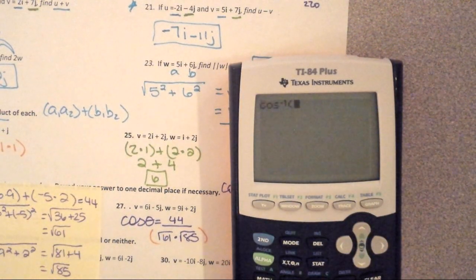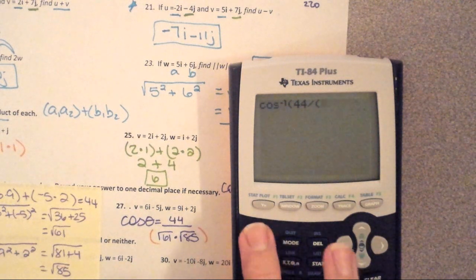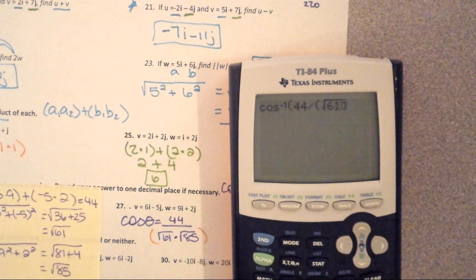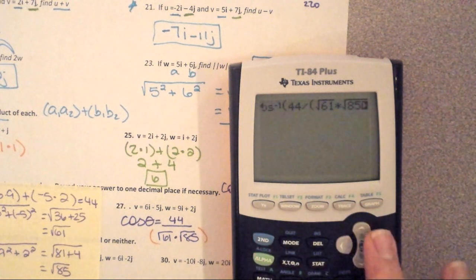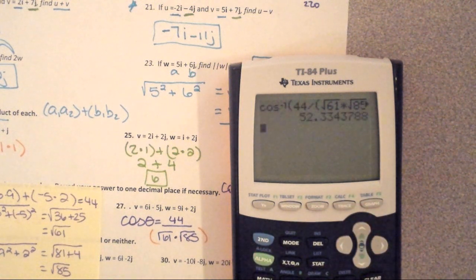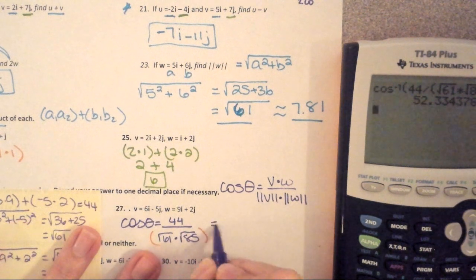So second cosine, 44 divided by parentheses, the square root of 61, arrow out, times the square root of 85, arrow out, close them twice, and we get 52.33.